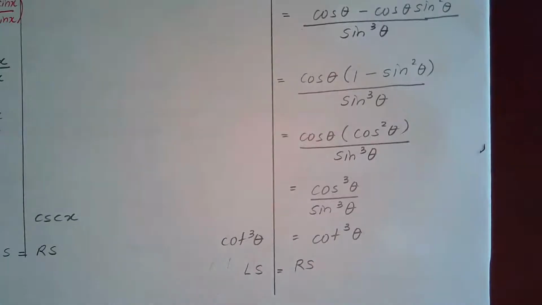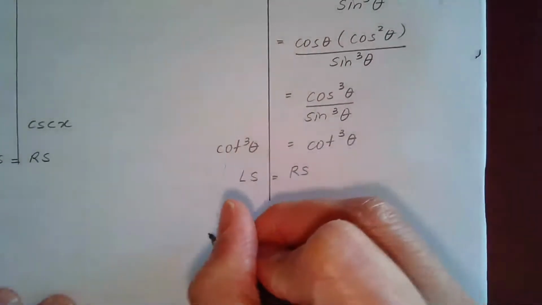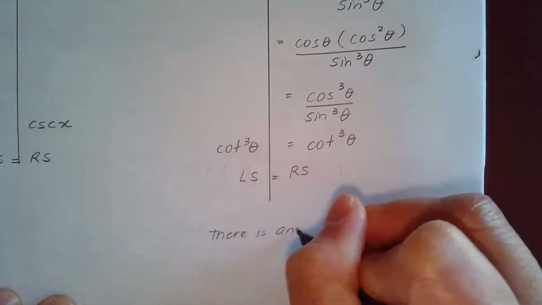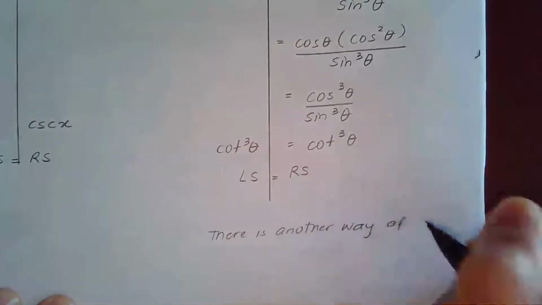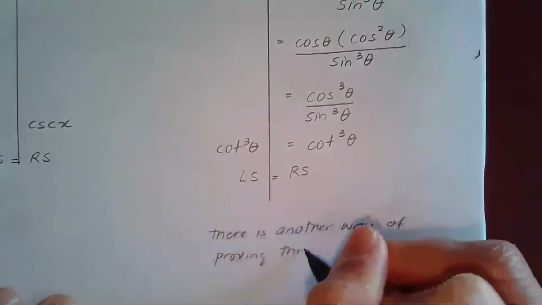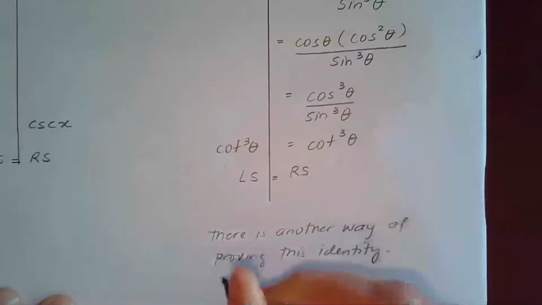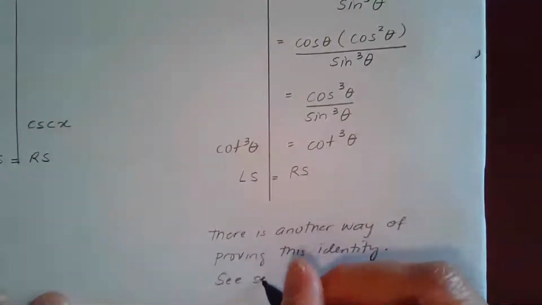Okay, so I'm just going to have a little note here. There is another way of proving this identity. I'm just going to write it down on a separate page.